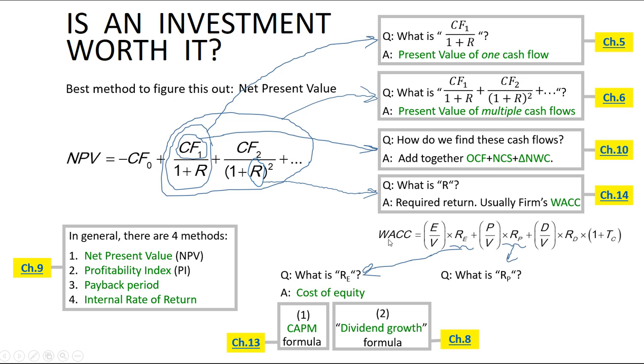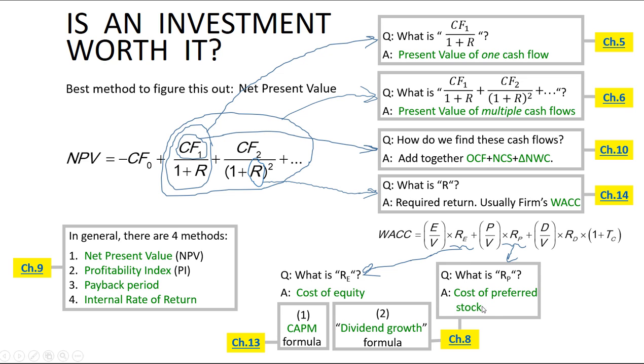Then the weighted average cost of capital formula also has R subscript P. What is R subscript P? That's what we call cost of preferred stock. So this is another type of stock, slightly different from what we call equity or common stock.